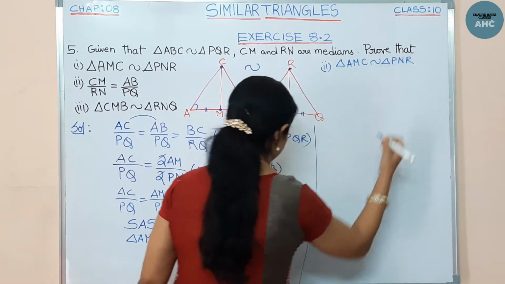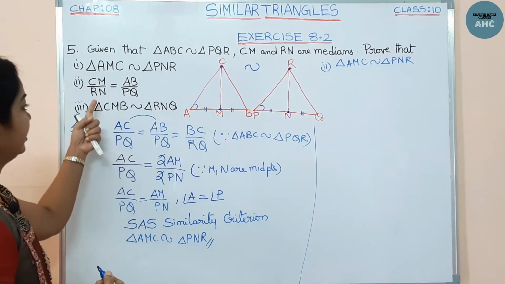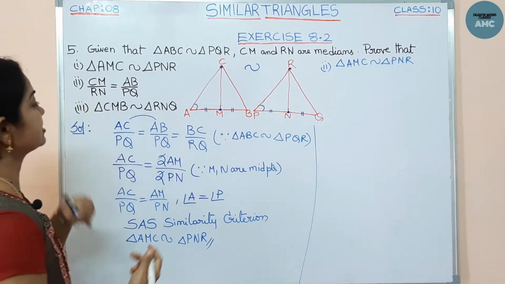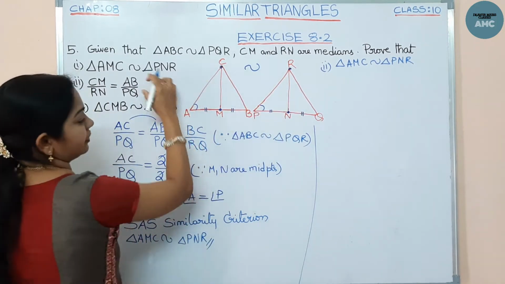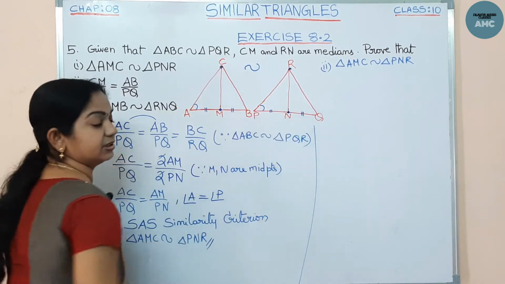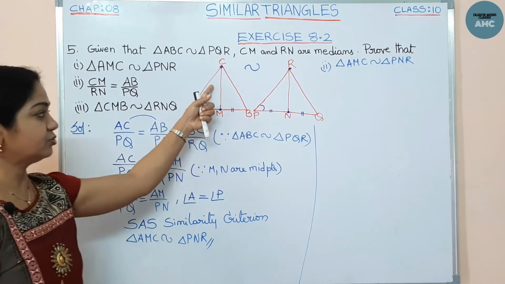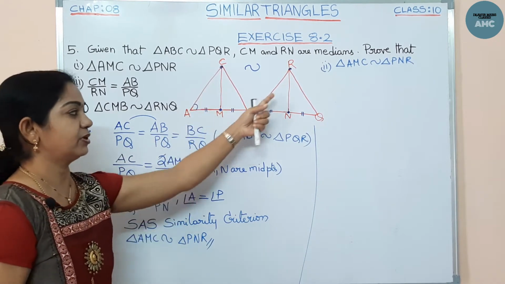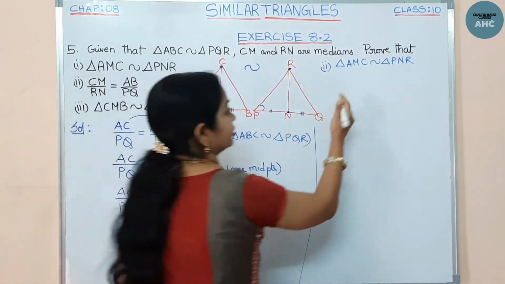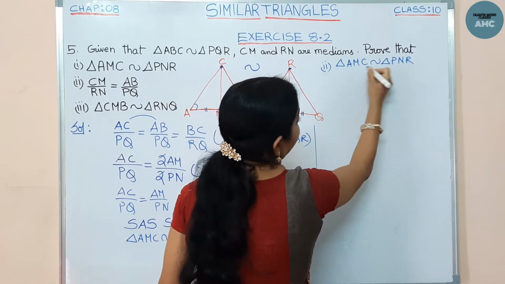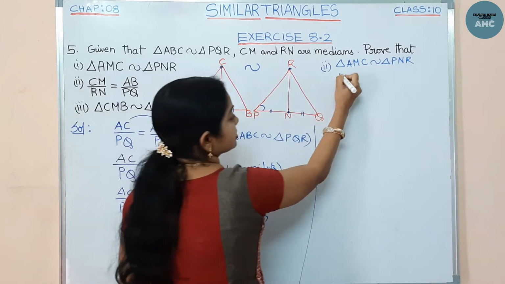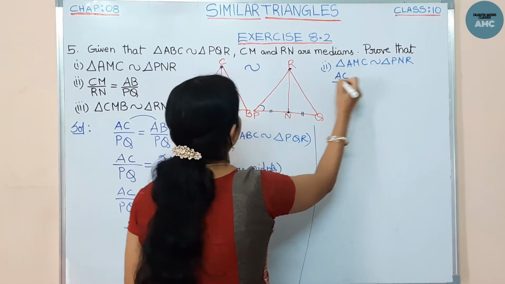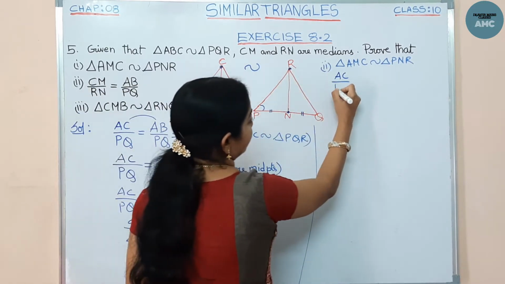We got this from the first part. And what is asked is that CM by RN is equal to AB by PQ. These corresponding ratios are to be proved equal. Now, AMC and PNR are similar, so I'll equate their corresponding sides. AC by PR.